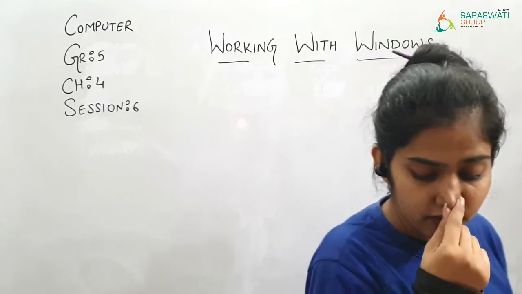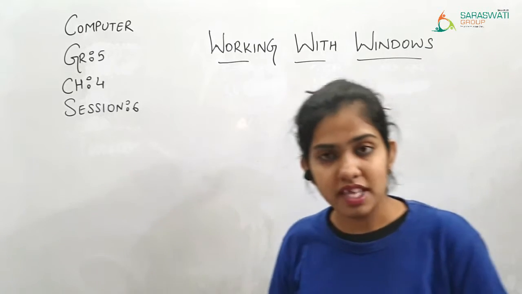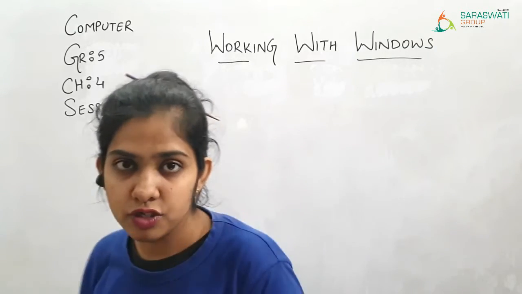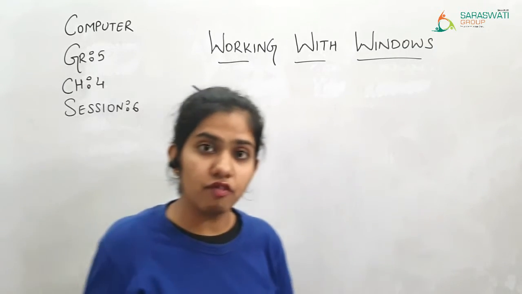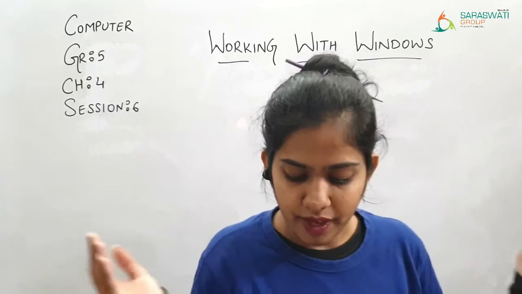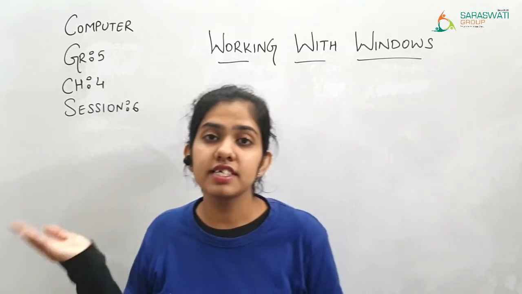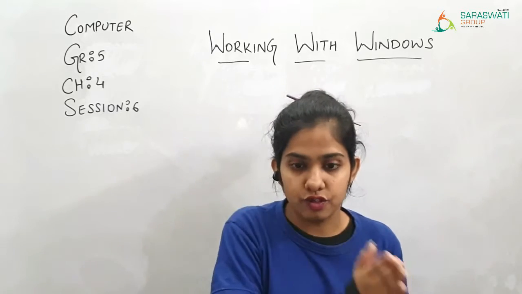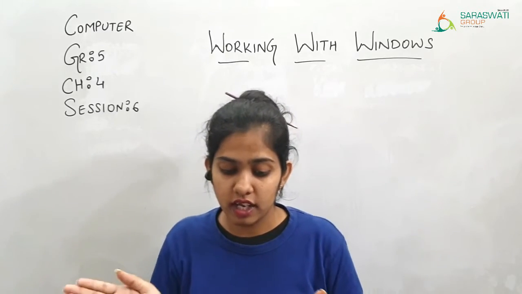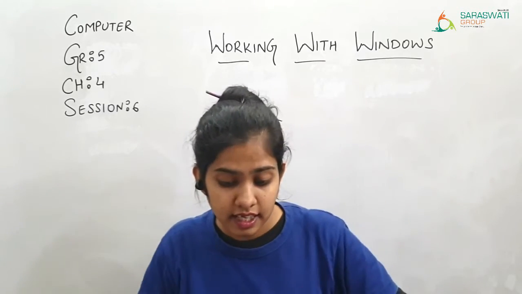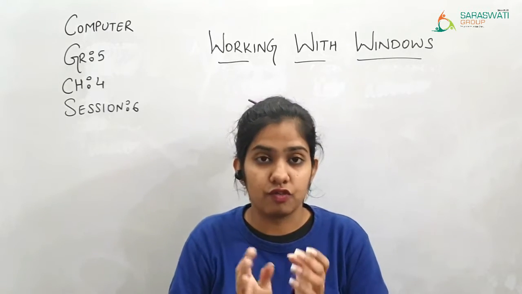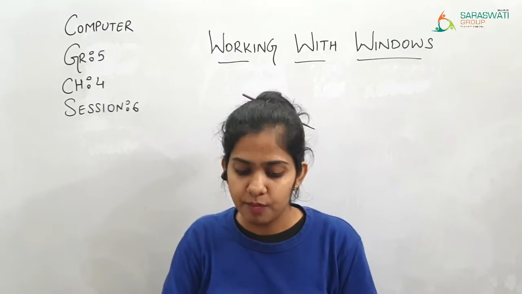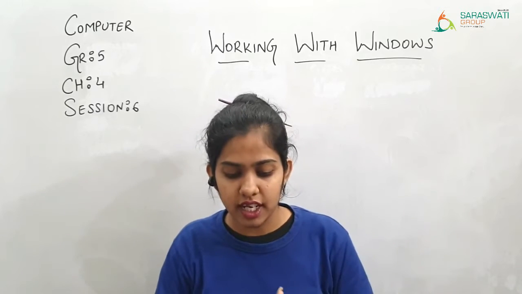After that we have learned icons, programs and type of file. If Microsoft Word is there, then its type of file is word processor. Microsoft PowerPoint, then its file is presentation file. Microsoft Excel, spreadsheet file. Microsoft Access, database file. Microsoft Notepad, text file. Paint, pictures file.